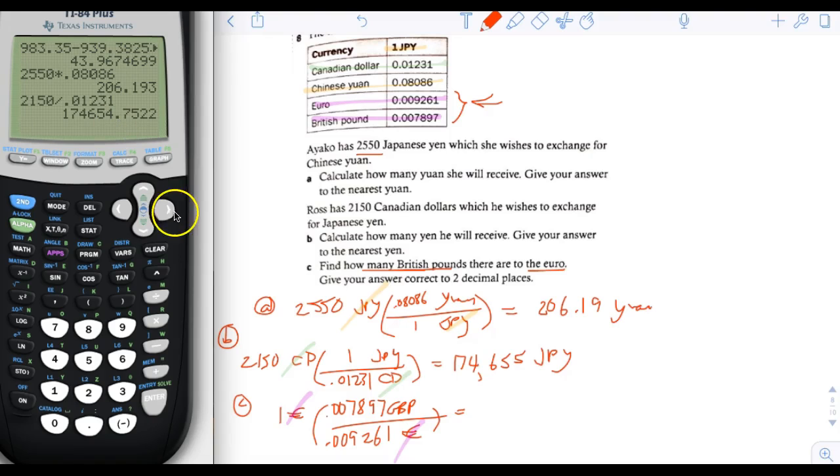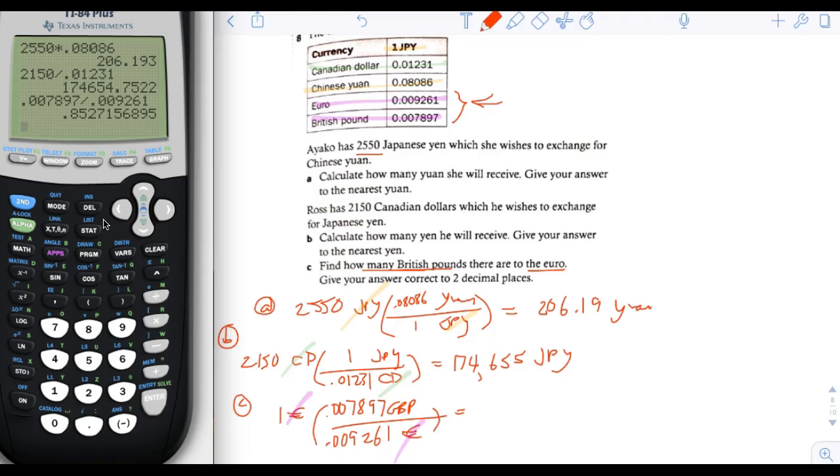So we're going to take 0.007897, and we're going to divide it by 0.009261, which gives us 0.8527.